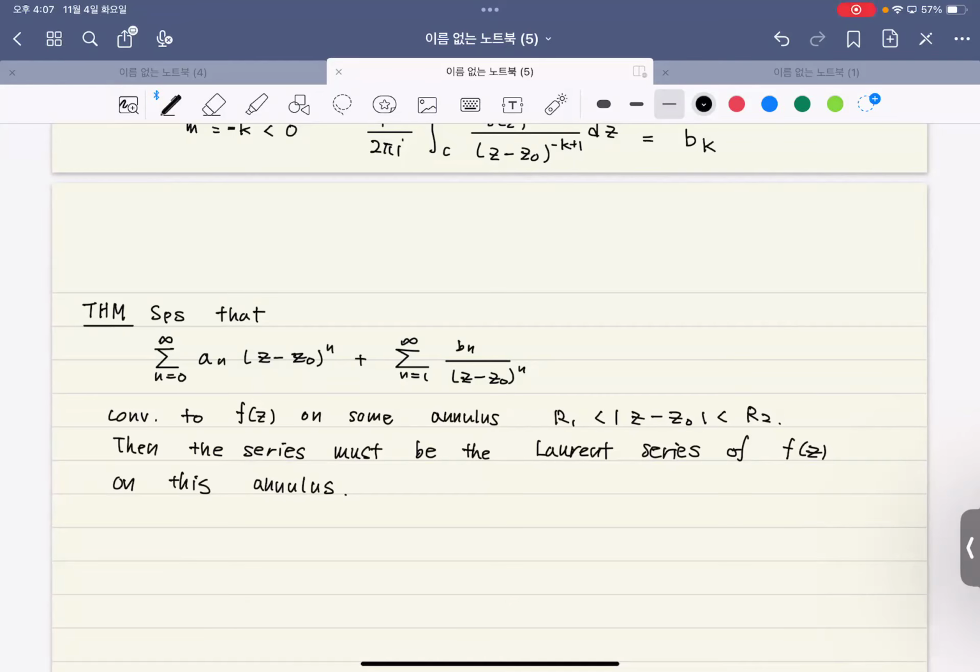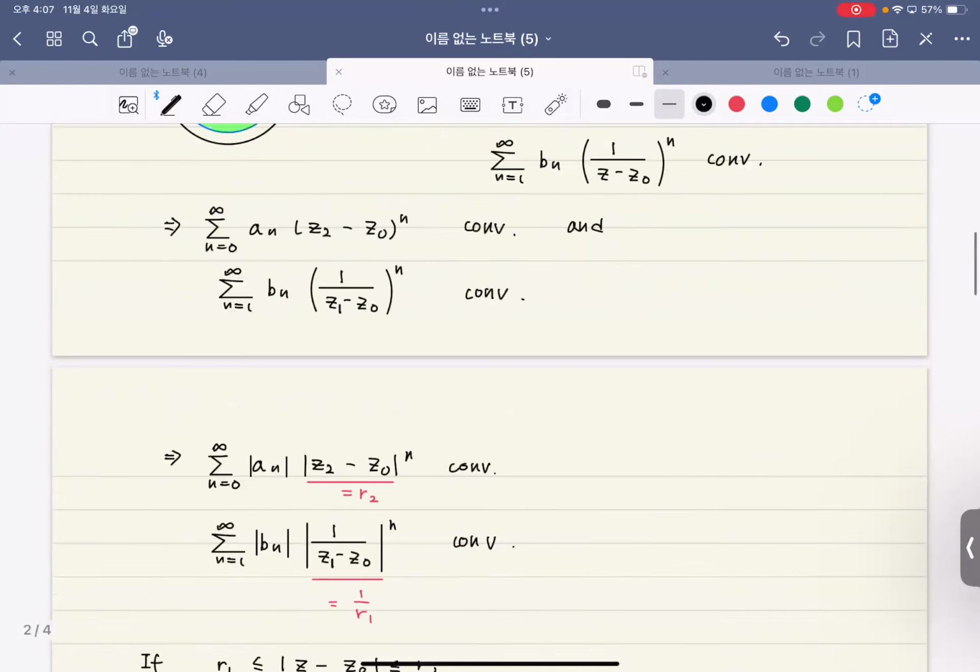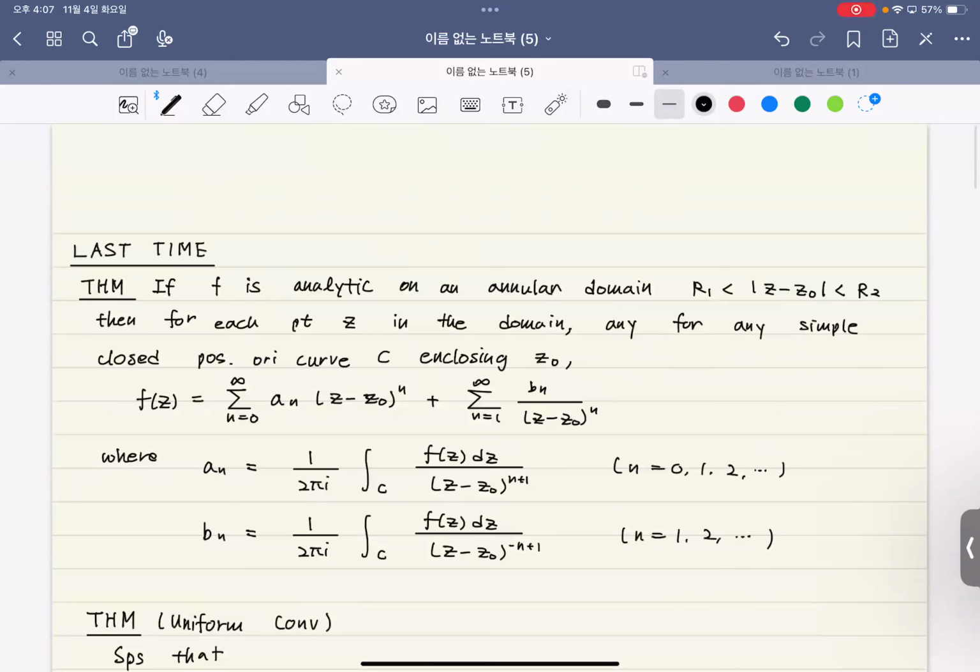All right. So let me just go back to the very beginning of today's lecture. Once we know this function is analytic on some annulus domain, then because of the Laurent theorem, we know this function allows this Laurent series expansion centered at this point z0, right? This is good.